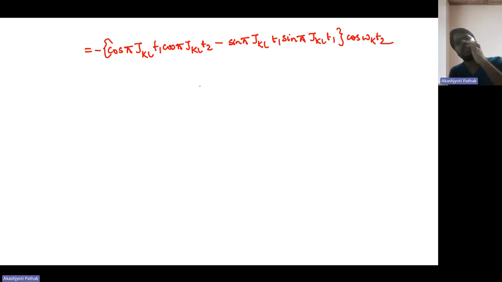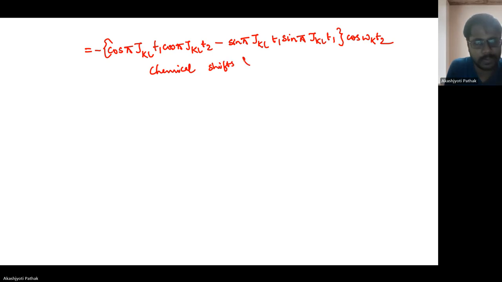So what do we see here? If we observe this equation closely, we see that along the T2 axis, there are both chemical shifts and J coupling.